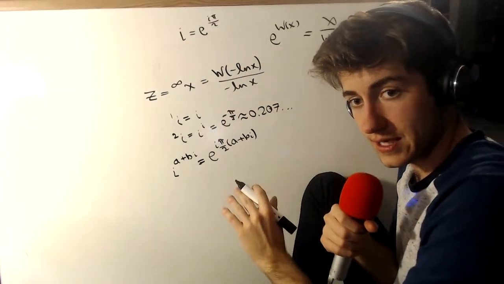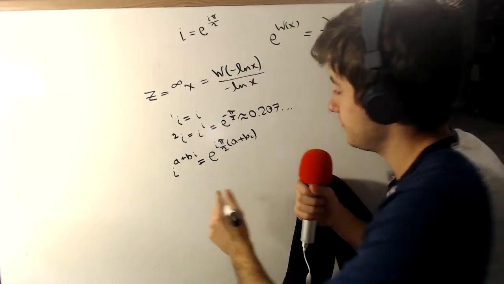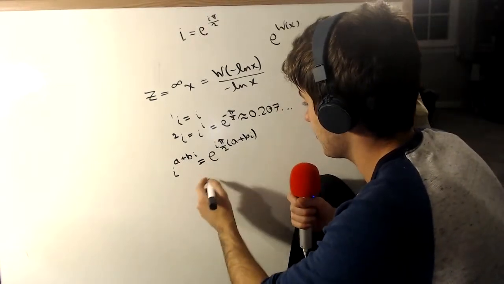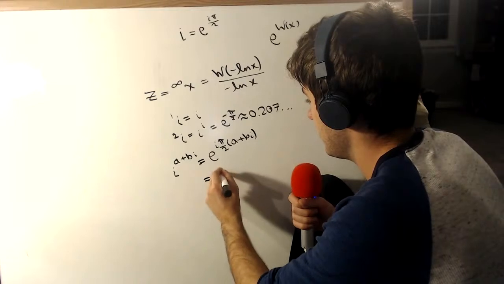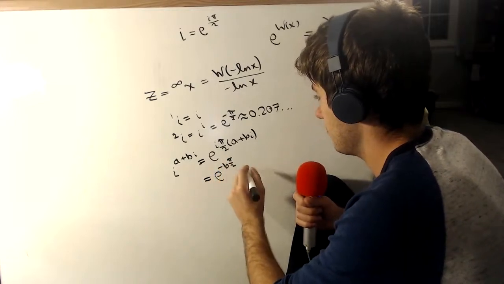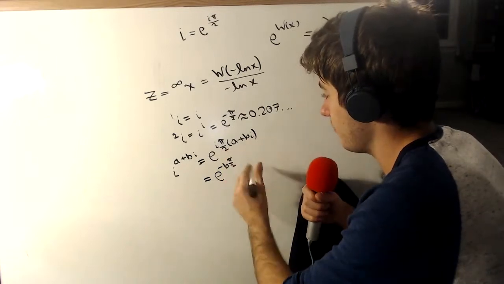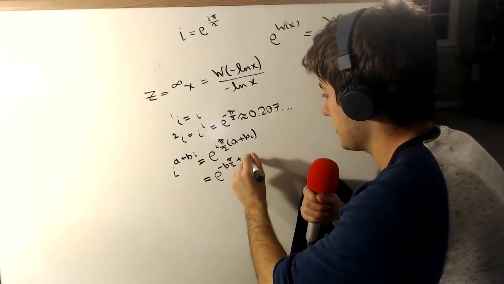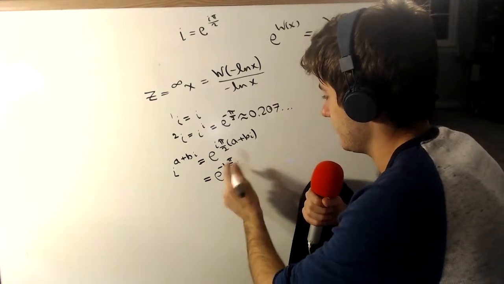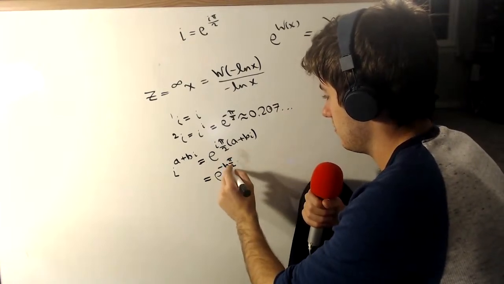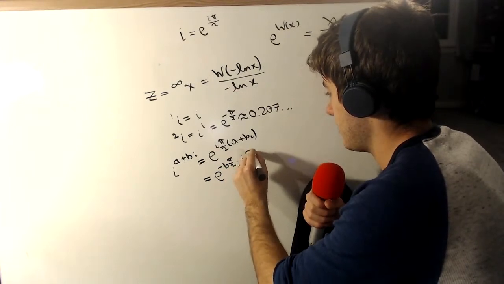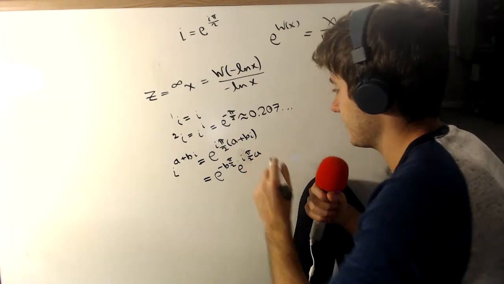We distribute this in, and we get e to the negative b pi over 2, because i times i is negative 1, times e to the i pi over 2 times a.